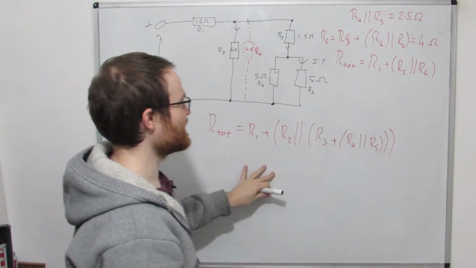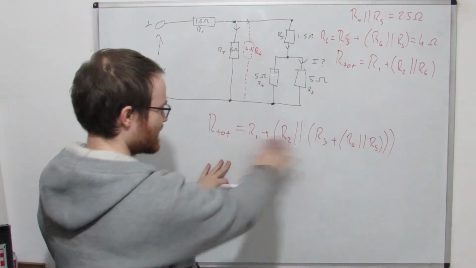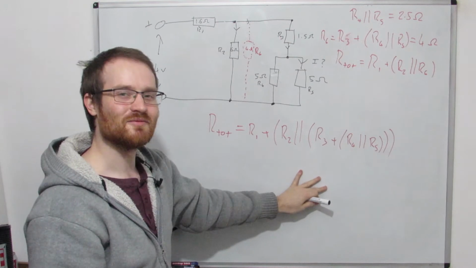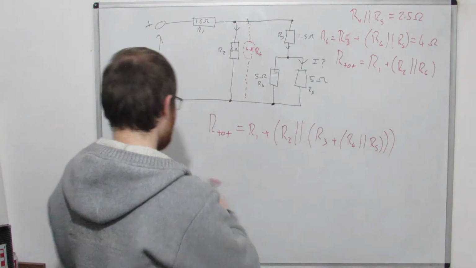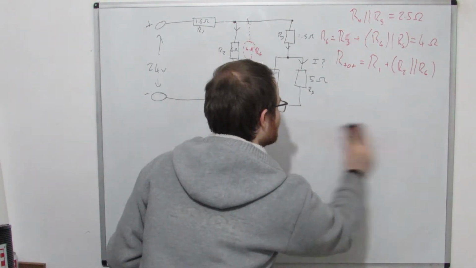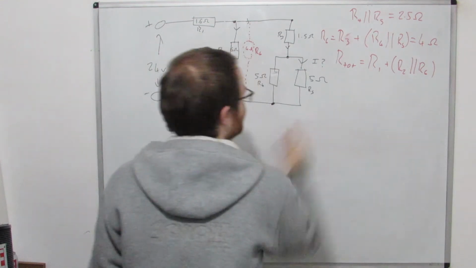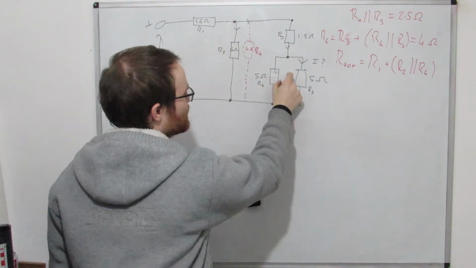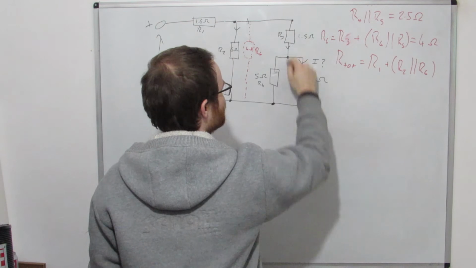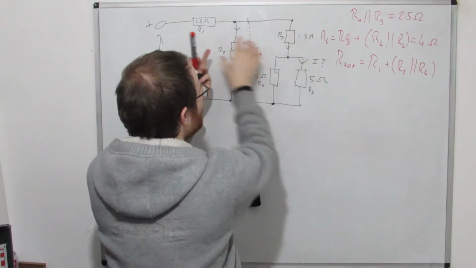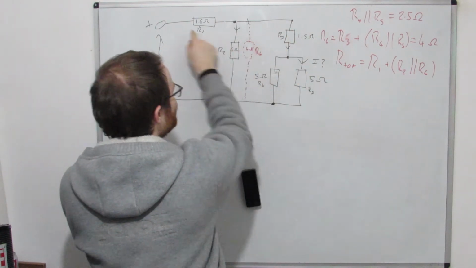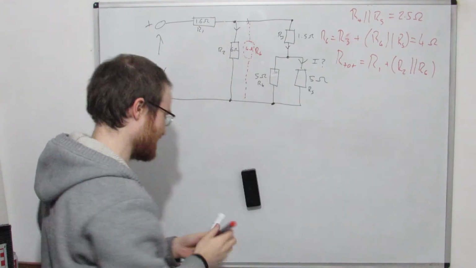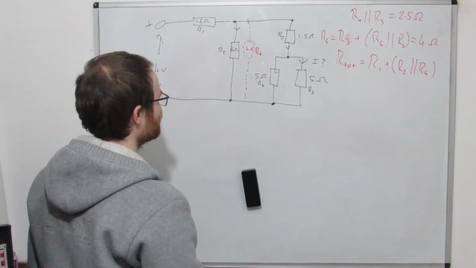Right, so you can see why I've done it in stages, because if I'd just written this down, that would probably be quite hard to follow. So if I had these parallel, put that in series with that, and then we put that whole branch in parallel with this, which we then put in series with that. I hope that is easy enough to follow.